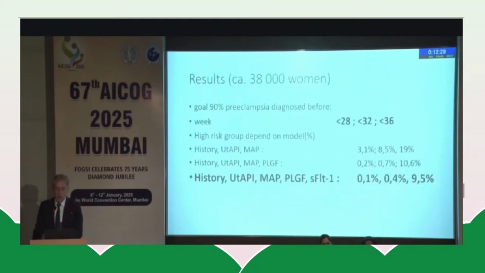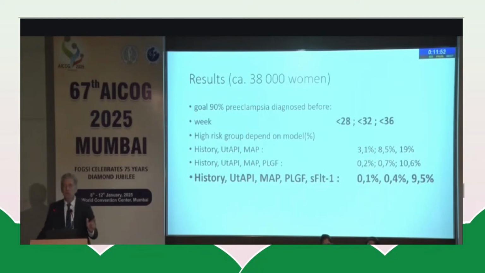I just want to draw your attention to preeclampsia before the 32nd week of pregnancy, and if we use the same algorithm plus PLGF and the second marker, sFlt, we can concentrate on less than 1% of the population, and we can really discover and predict serious complications in the second part of the pregnancy.